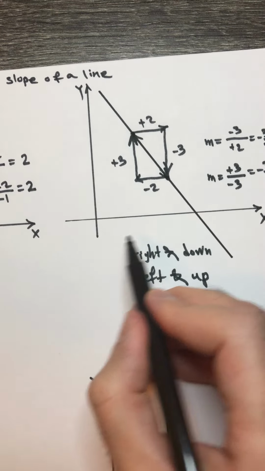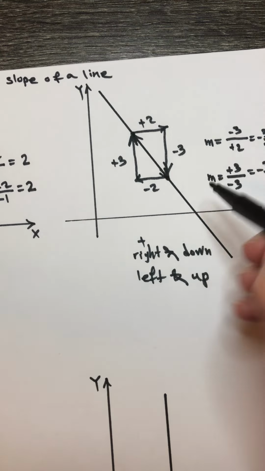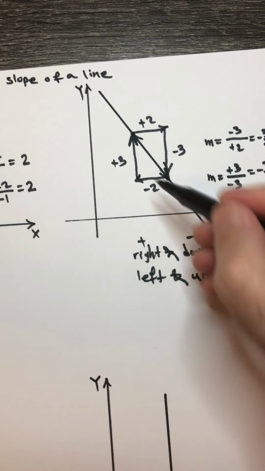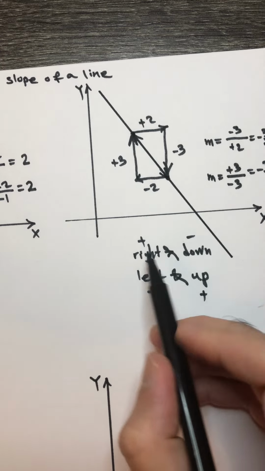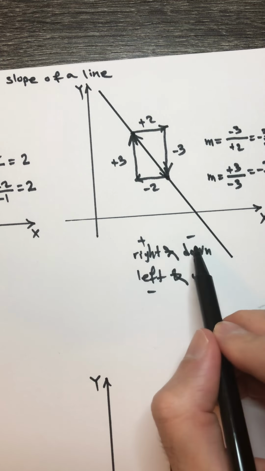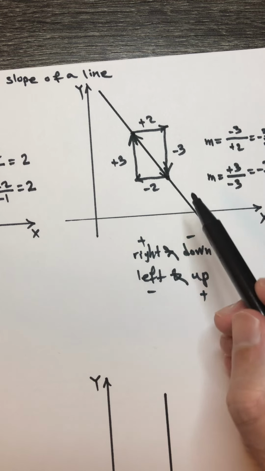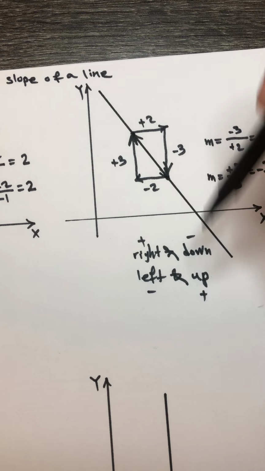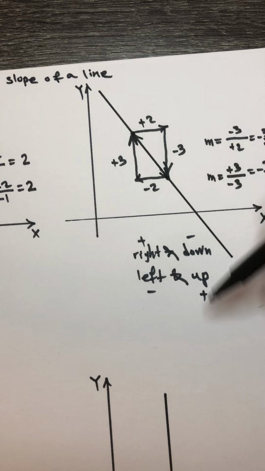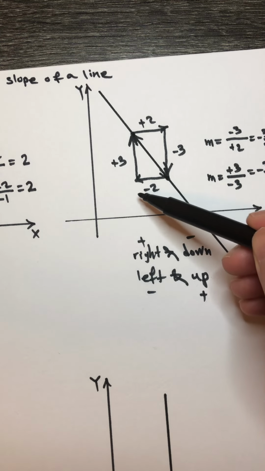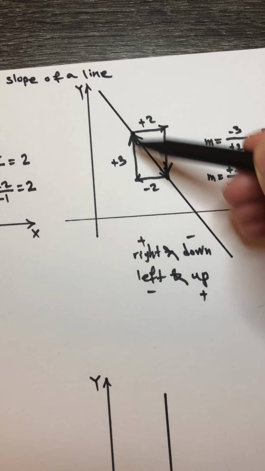We said right is positive, down is negative, left is negative, up is positive. So we always go in a different direction. If we go in the positive direction of x, then the movement in the y direction would be negative. And if we go in the negative direction of x, then the movement in the vertical direction would be positive.